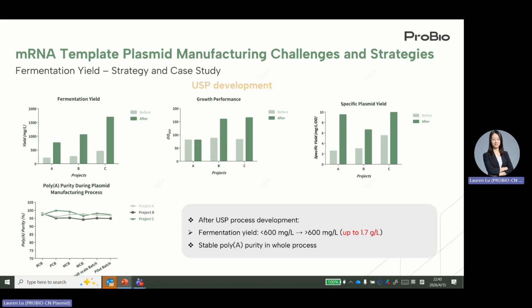Plasmid yield increased from lower than 600 milligram per liter to over 600 milligram per liter, with the highest reaching up to 1.7 gram per liter. At the same time, cell growth and specific plasmid yields were both enhanced, demonstrating improved overall process efficiency. Importantly, poly-A purity still remained stable throughout the entire manufacturing process, ensuring product quality while increasing productivity.